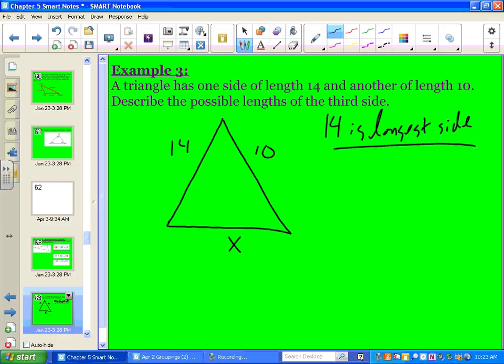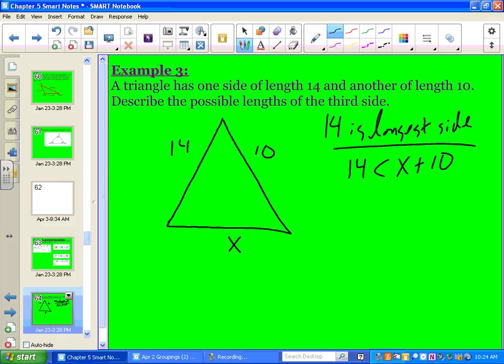And if 14 is the longest side, then what has to be true? Kellen? How'd you get it? Okay, so we know that 14 has to be less than x plus 10.